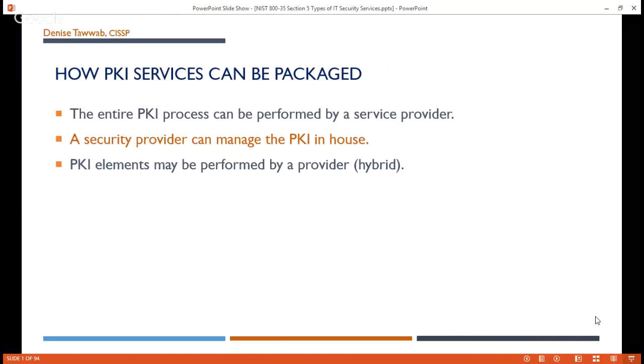So your PKI services can be packaged in a number of ways. The entire PKI process can be performed by a service provider. A security provider can manage the PKI in-house, and PKI elements may be performed by a provider, and that's your hybrid situation, where some of it you do, some of it they do.